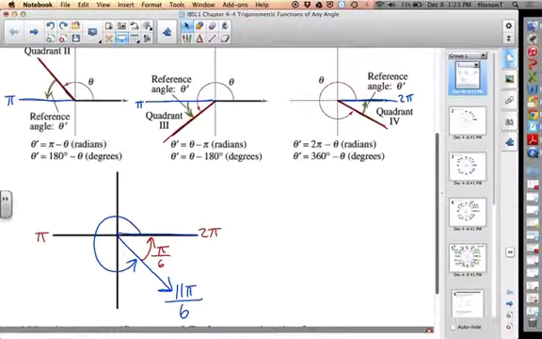If I think of it with a common denominator in sixths, 2 pi is 12 pi over 6, so how far off am I? I'm 1 pi over 6 difference.